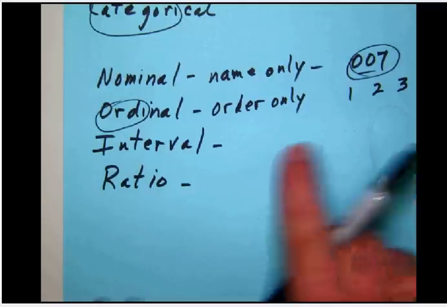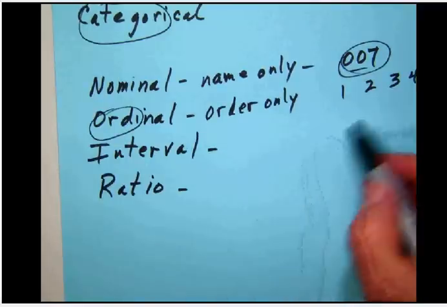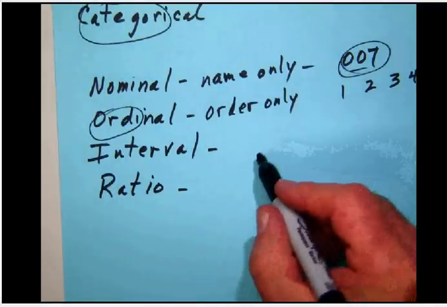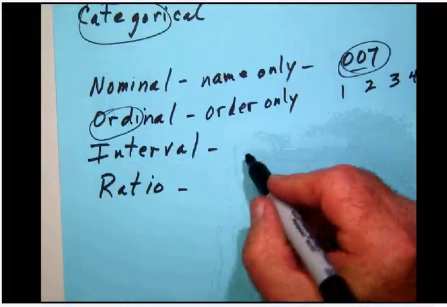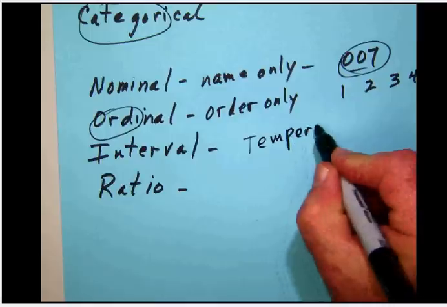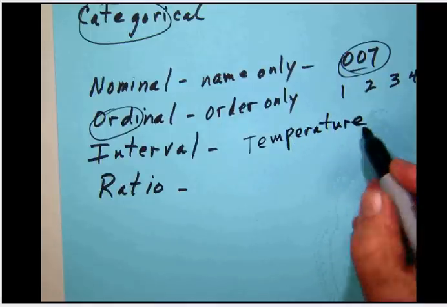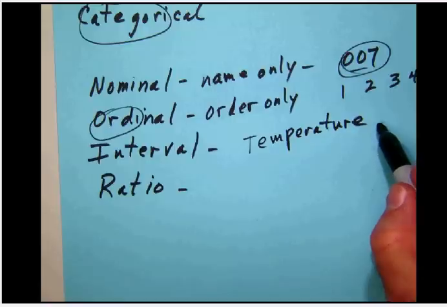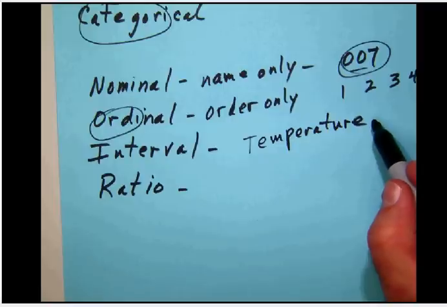Now, when it comes to interval data, there are meaningful differences, but there is no meaningful zero. The only really good example of interval data that we ever see is temperature. Temperature data is interval data, because if you have a temperature of 40 degrees outside today, we know that's 20 degrees warmer than it was last night when it was 20, but we cannot say that it is twice as warm.